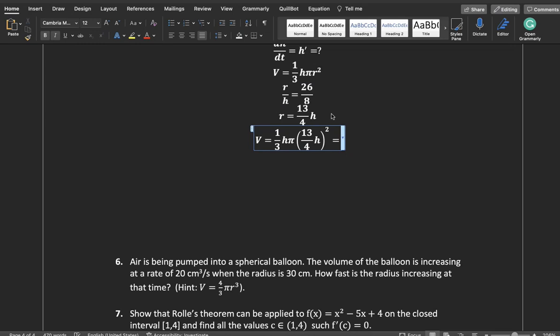It should get you 169 over 48 pi h cubed.